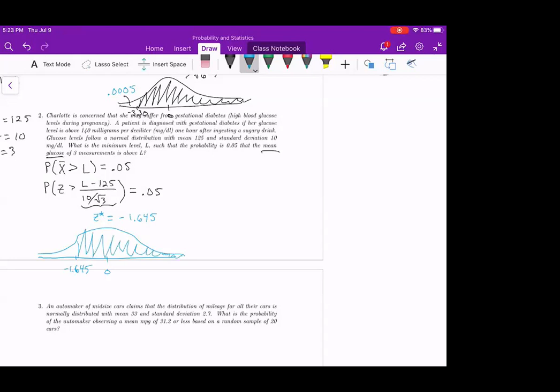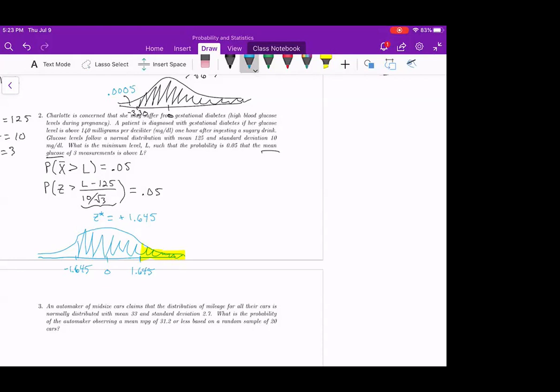And so that implies that we really want the positive value, which is going to correspond to the area in this region, which is small. That's one way to deduce that this is the right z-score that we want to use.